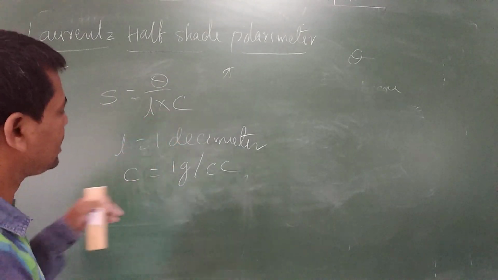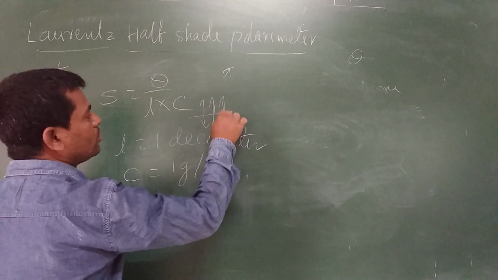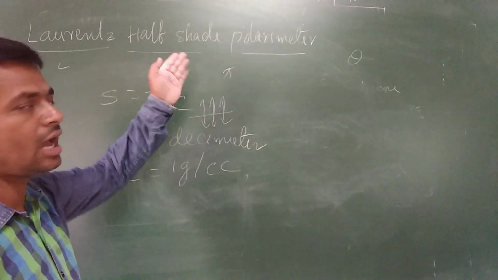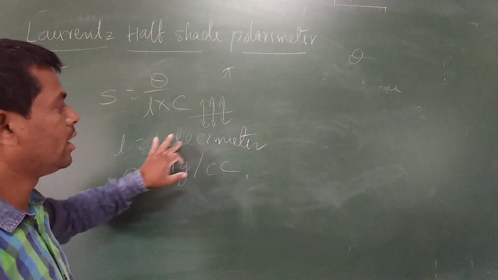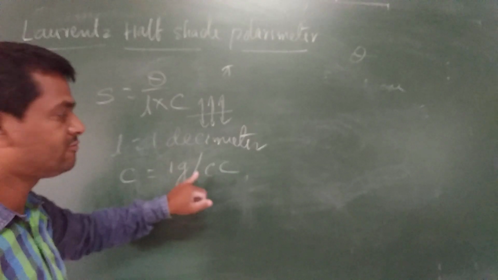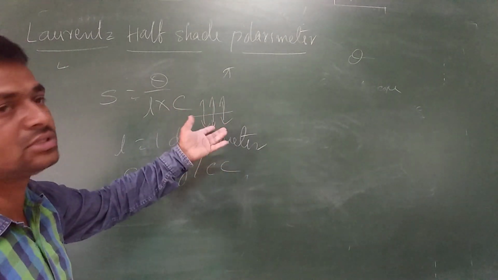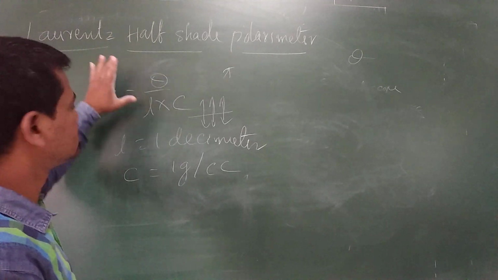So when the vibrations are moving through the active substance, that means the solution, with a length of 1 decimeter containing a concentration of 1 gram per cc, then they produce a certain angle theta. So this is called specific rotation.